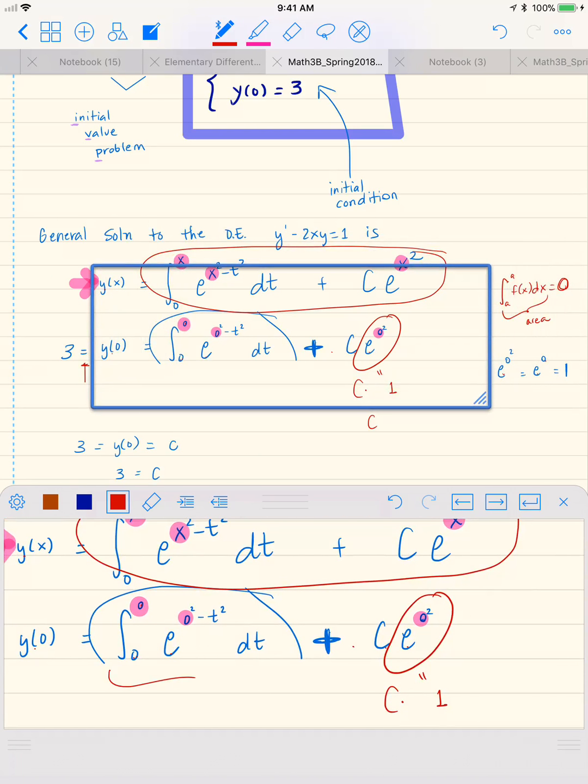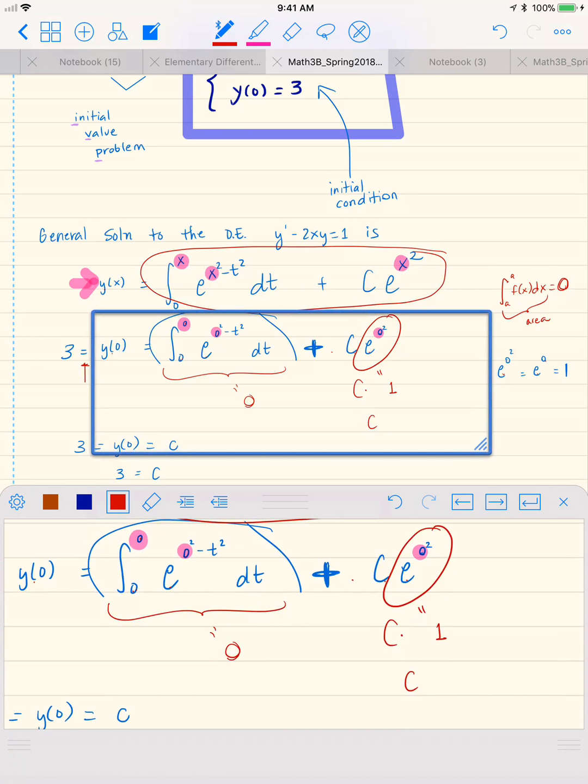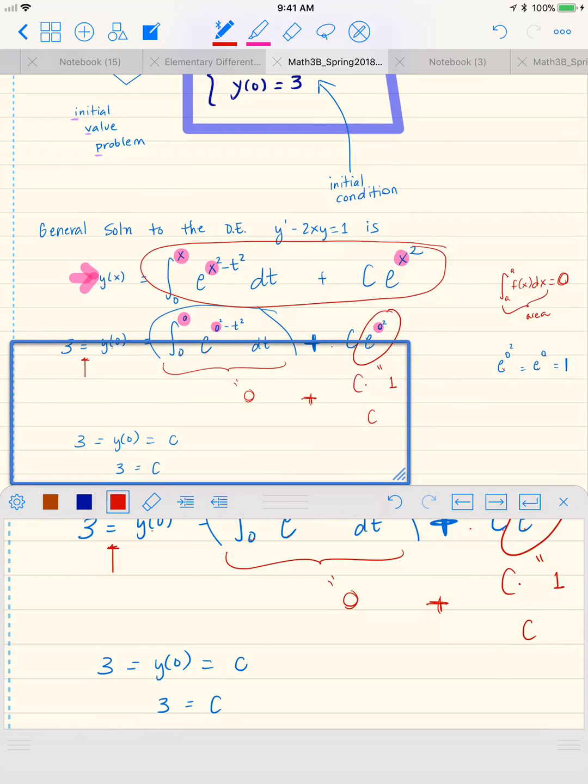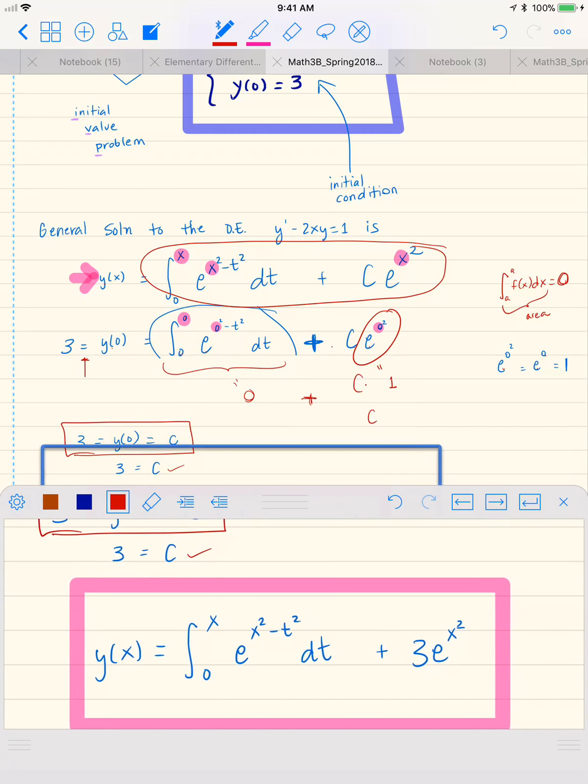So this first summand is just a fancy way of writing 0. So we have 0 plus c. So c equals y of 0, and y of 0 equals 3. So it must be that c equals 3.